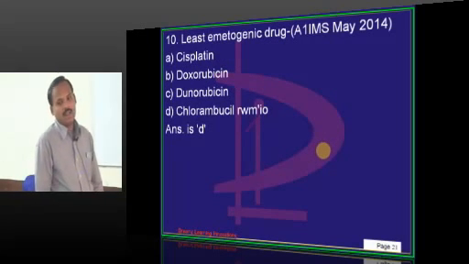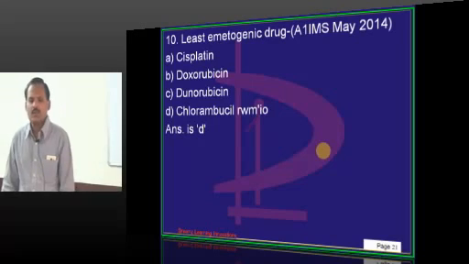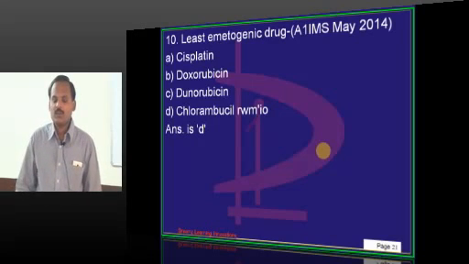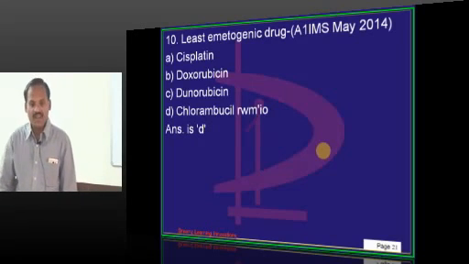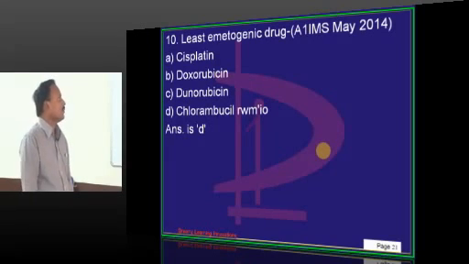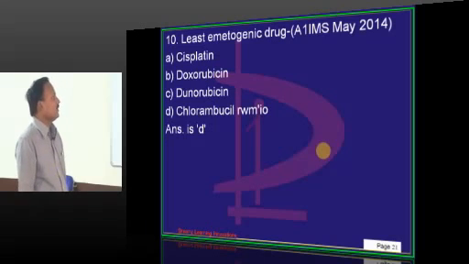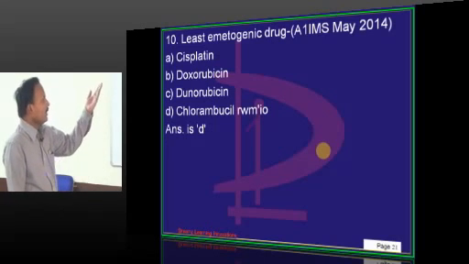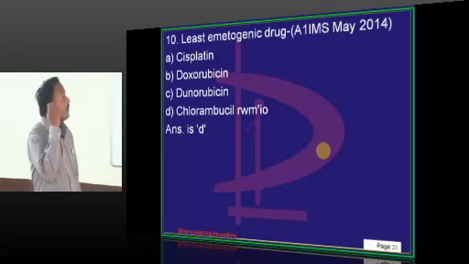Least emetogenic drug: most anti-malignancy compounds are emetogenic, and the most emetogenic anti-malignancy compound is cisplatin. Cyclophosphamide is also quite emetogenic. Now, you can see here cisplatin, doxorubicin, daunorubicin, chlorambucil, and out of that they are asking for the least emetogenic.